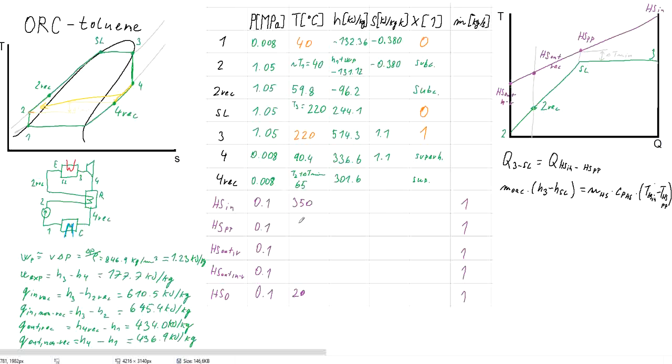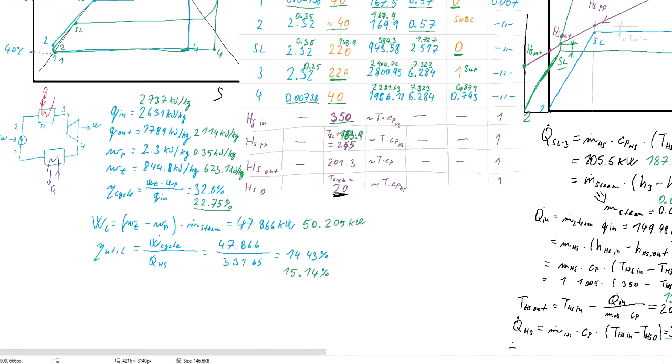And the temperature heat source pinch point is the temperature of saturated liquid plus delta T min, which is 220 plus 25, 245 degrees C, same as in the previous calculation. 45 over here, but the results should be correct.